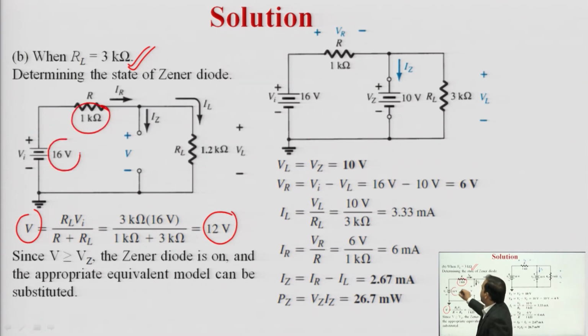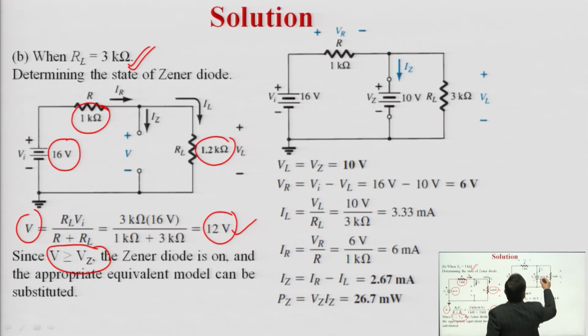This 16 volt will be divided across 1K and 3K. If this voltage is 12 volt, it is clear that this open circuit voltage is greater than Vz. This condition is true. Once this condition is true, the equivalent circuit will be that the diode is replaced by a battery of 10 volt.